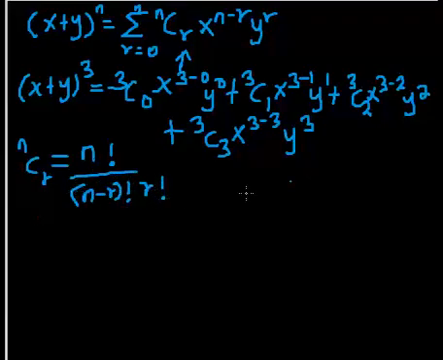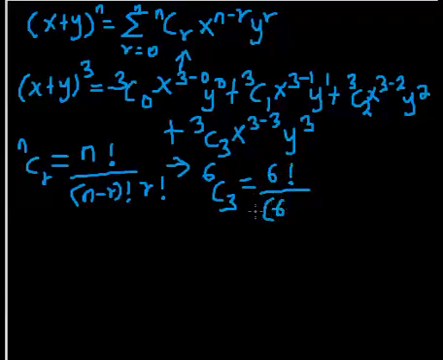All right, now let me use an example to illustrate. For example, you have been given something like, let's say, 6 combination 3. The n there is 6, okay, the r there is 3, so that's going to be 6 factorial divided by n minus r factorial, 6 minus 3 factorial.